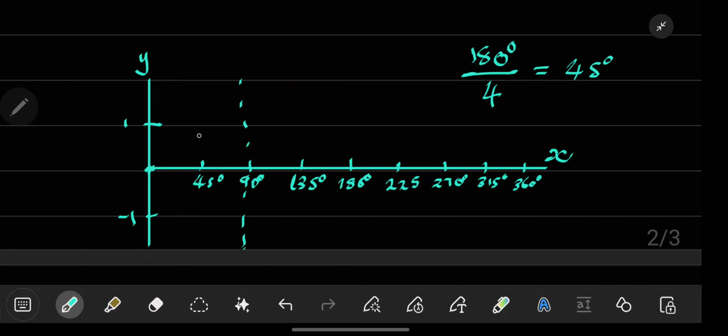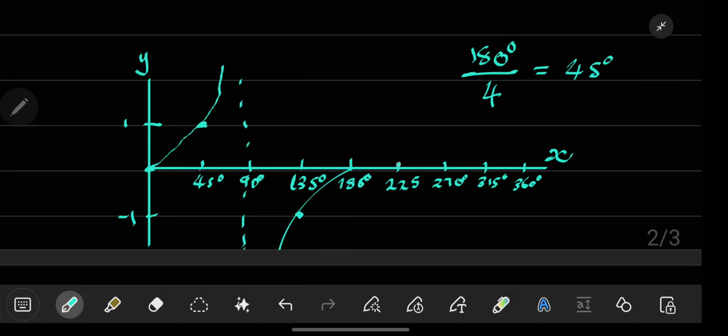At 45 and 1 goes together like that, and it goes like that. You see? And then 135 and minus 1 go together, and this will look like that. Okay?